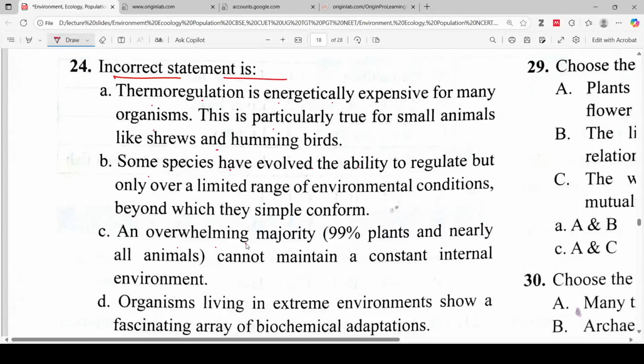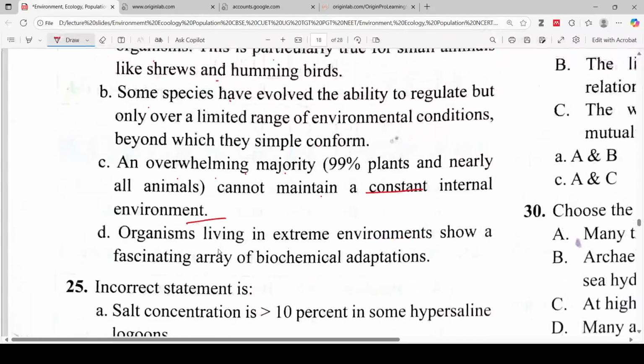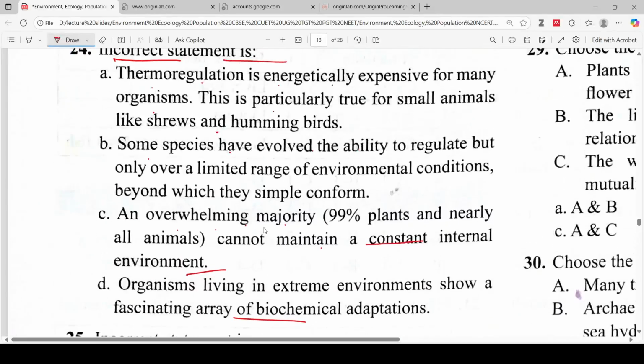An overwhelming majority cannot maintain a constant internal environment, and organisms living in extreme environments show a fascinating array of biological adaptation. So the incorrect one is option C.